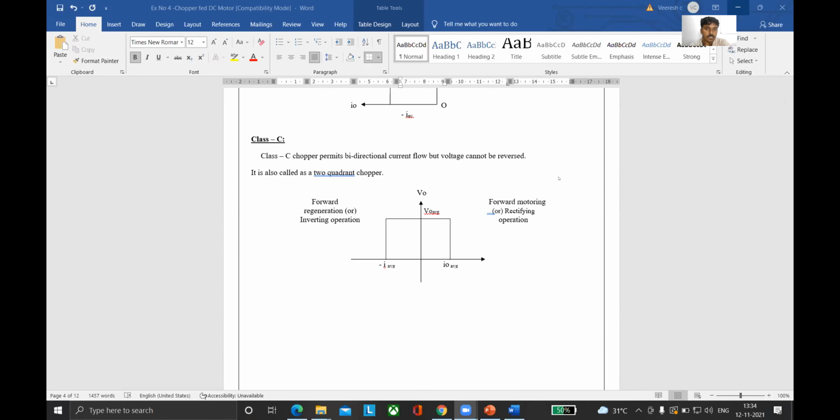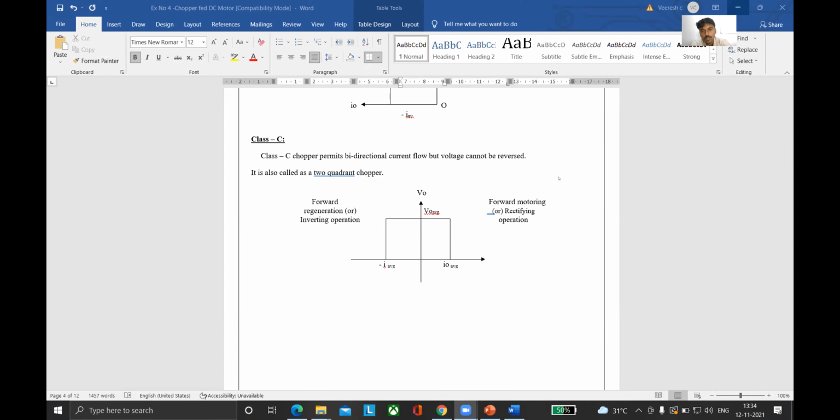Class C chopper. In class C chopper, the output voltage is always positive and the output current is positive as well as negative. The current flows from source to load, and for some time the current flows from load to source. But always the output voltage is positive.